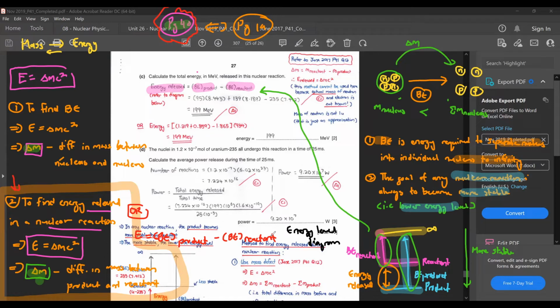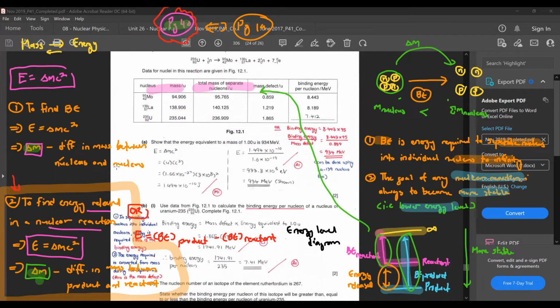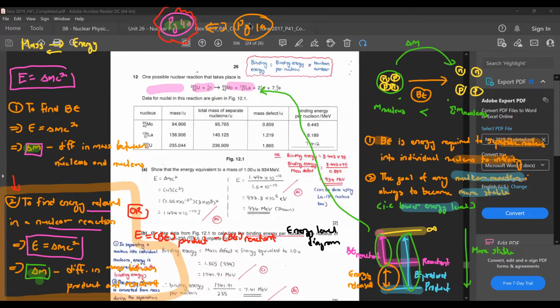Just find the difference between those two and you should be fine. Now, can you find the BE of your products and reactants from your question? Yes, you can, because you have the full information from your table.